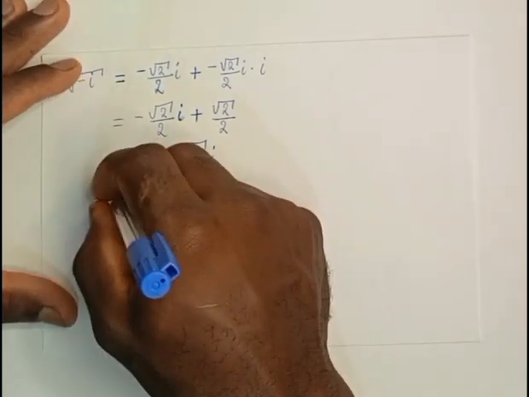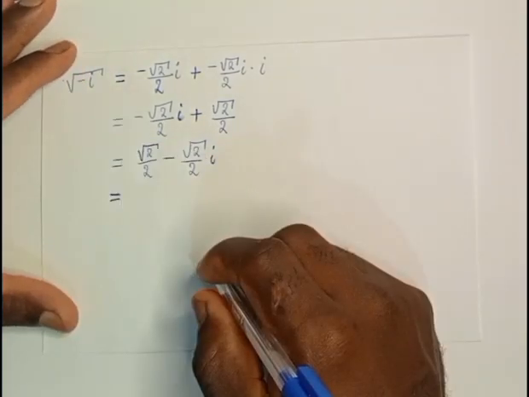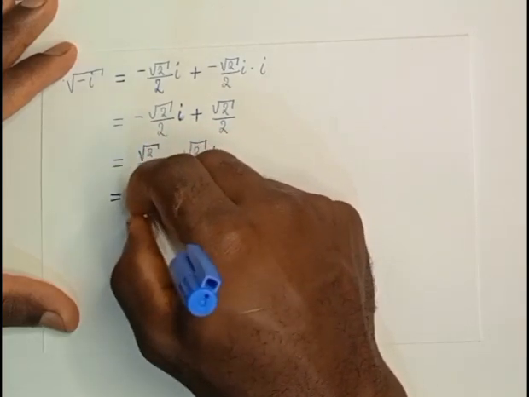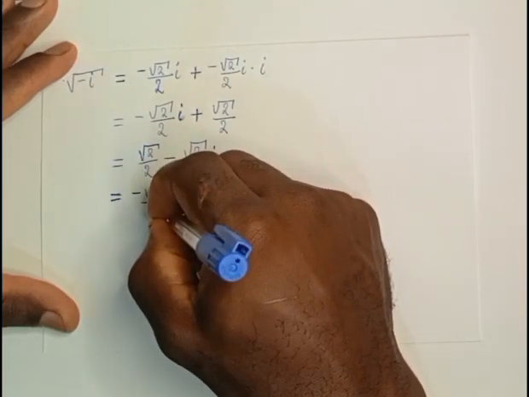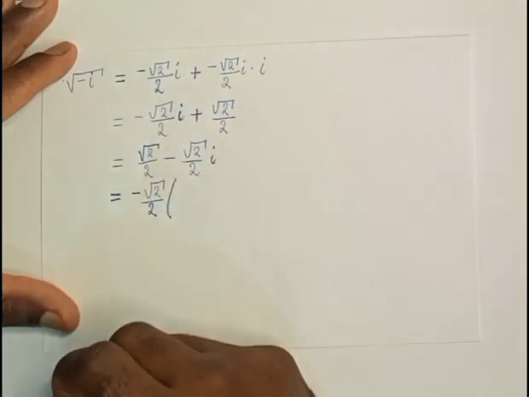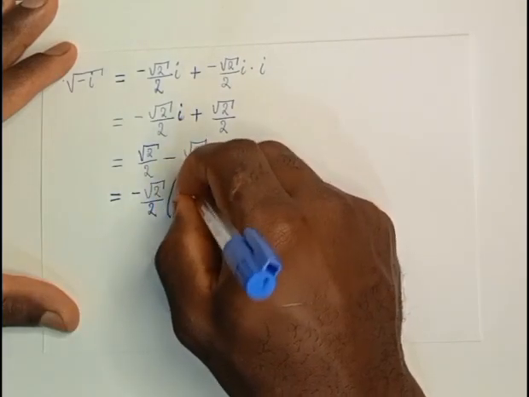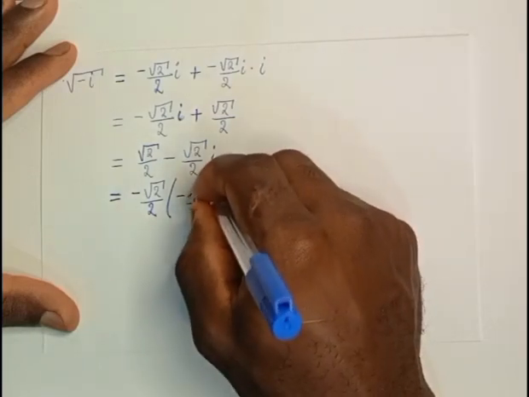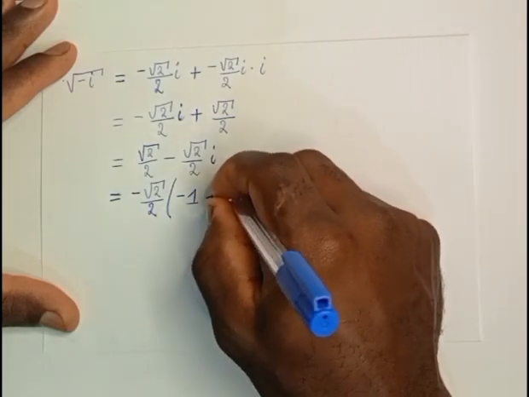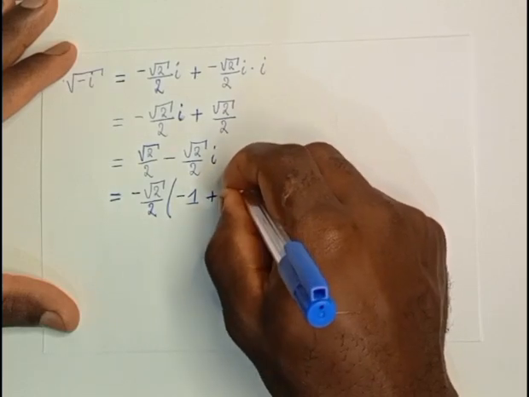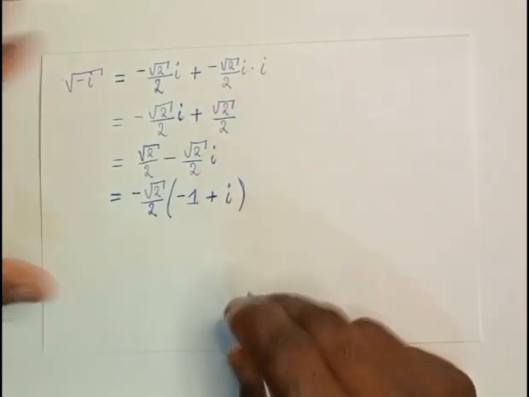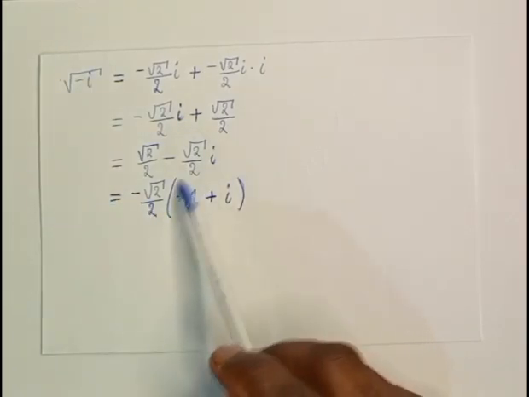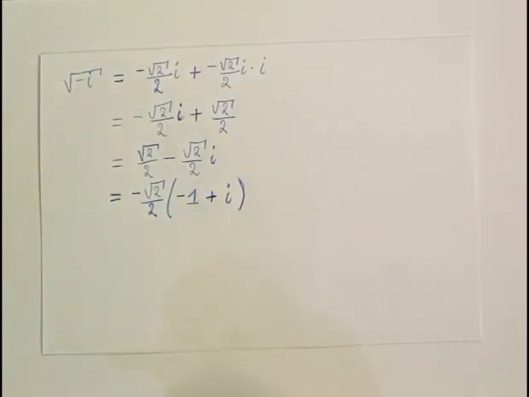Next step, we are going to factor out negative root 2 over 2. This will give us negative root 2 over 2 times negative 1 plus i. The square root of negative i is equal to negative root 2 over 2 times negative 1 plus i.